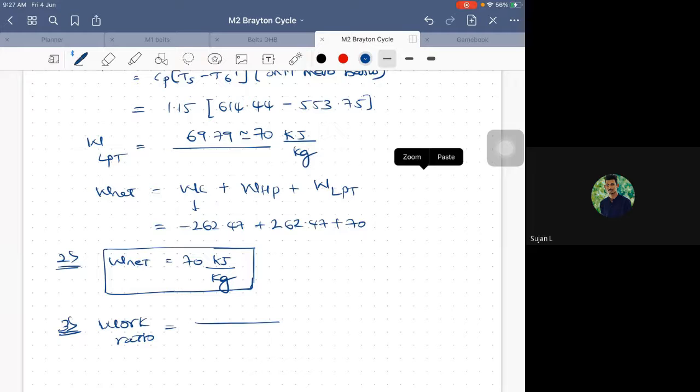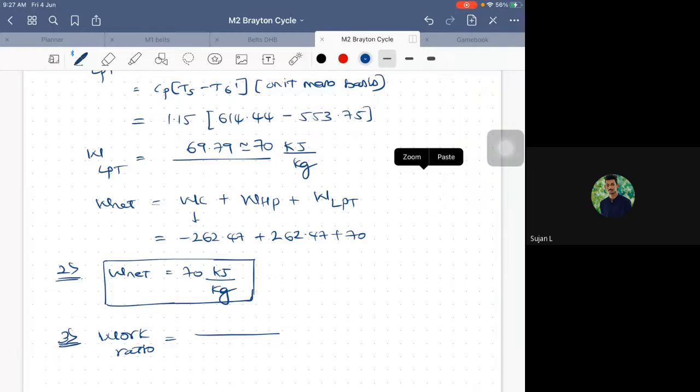It is W net divided by high pressure work plus low pressure work.